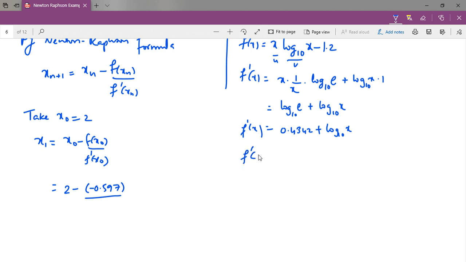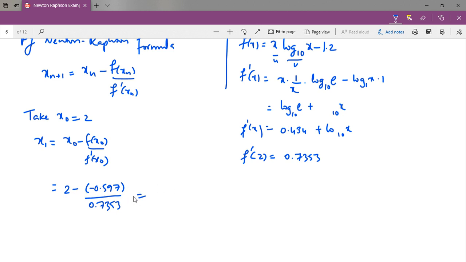F dash of 2 is 0.4342 plus log 2 value, which is 0.7353.